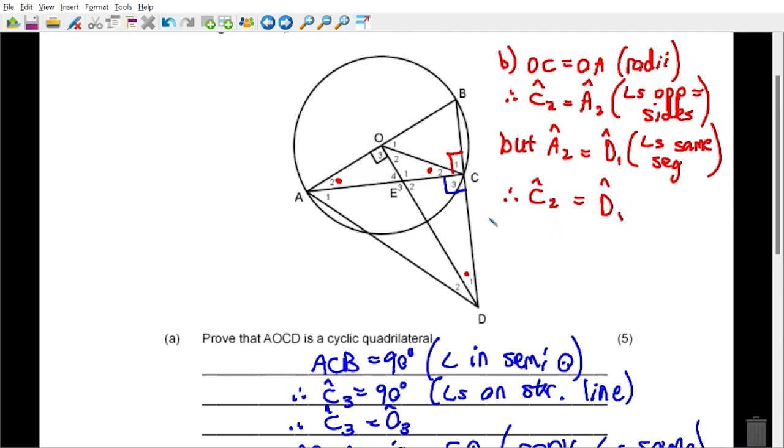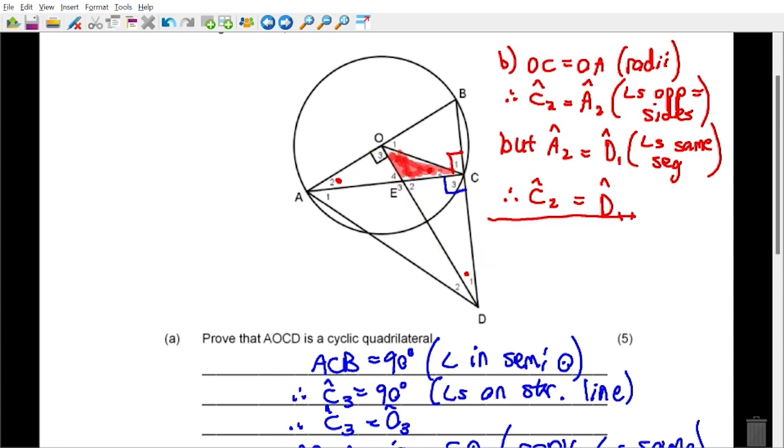Okay, now the next question asks us to prove some similar triangles. It asks us to prove that this triangle over here, OCE, this little red triangle, is similar to ODC. Now, ODC is in fact this bigger triangle.